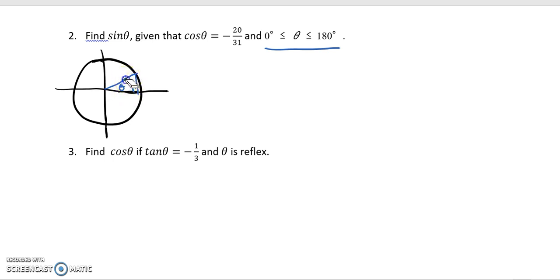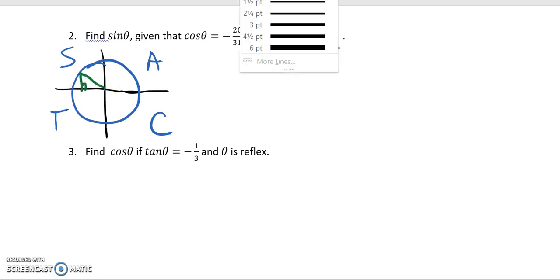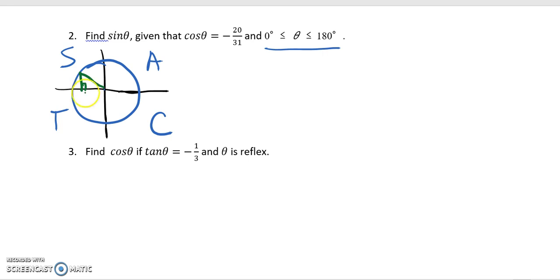However, I do know that it's not going to be in this quadrant, because it says it's negative here. If I'm thinking about where cos is negative, cos is going to be negative in quadrant 2. So that's where I'm going to be drawing my triangle like this, and I know that my adjacent side is 20, my hypotenuse is 31, and I know this is negative.